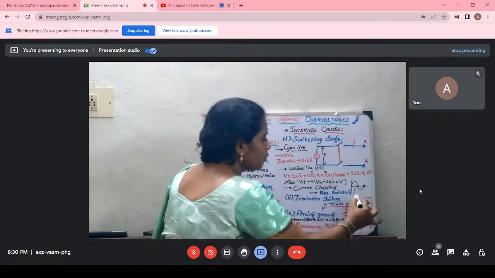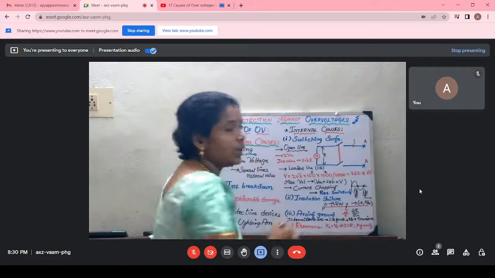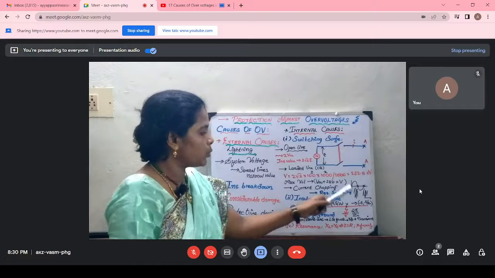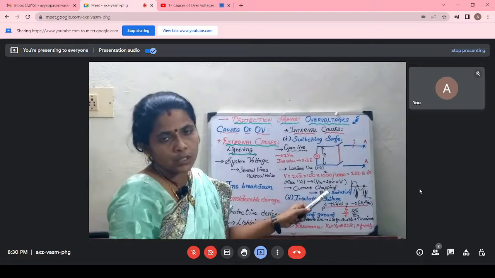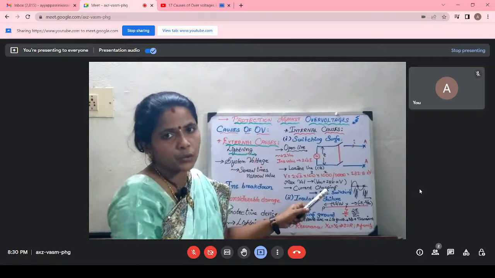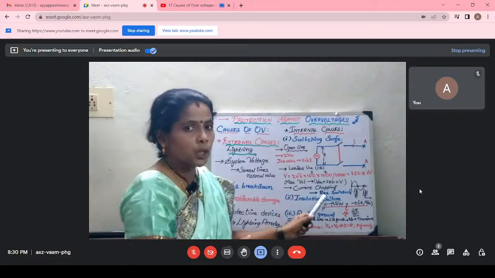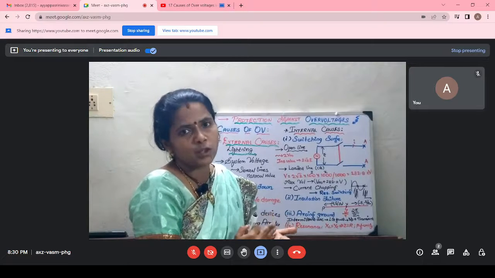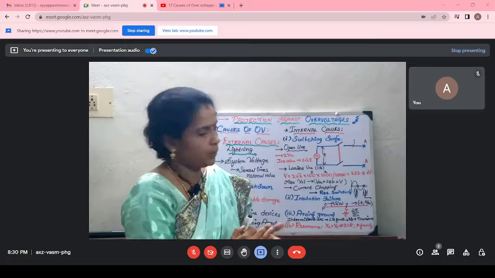Suppose I quench here, I will have a very high voltage. In this case, you can prevent it by using resistor switching so that all the currents are drained to ground. So what is current chopping? It is nothing but chopping the current before the natural zero is reached.